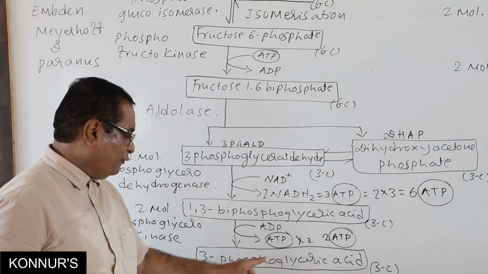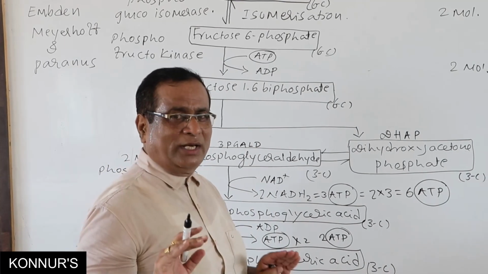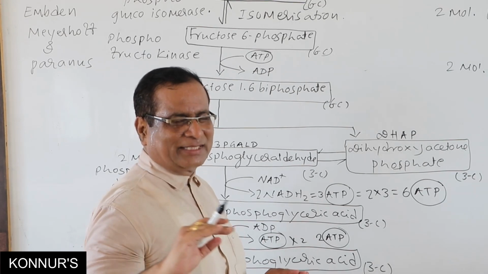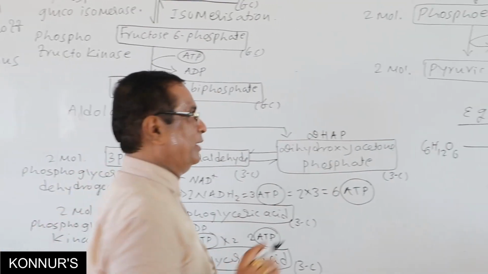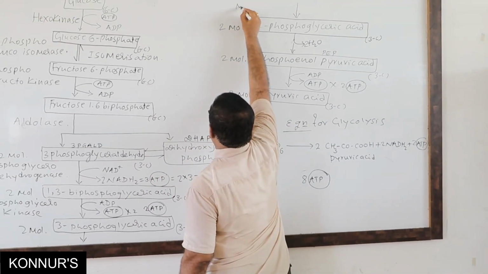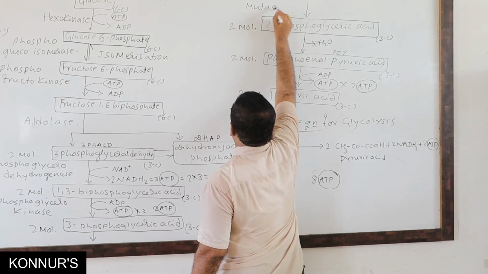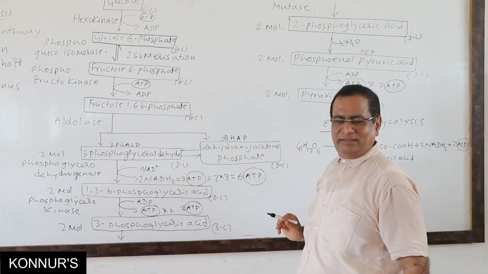Then 3-phosphoglyceric acid: there is a mutual exchange of the phosphate group from the third carbon to the second carbon, in the presence of an enzyme called mutase. Mutual exchange is there, mutase.